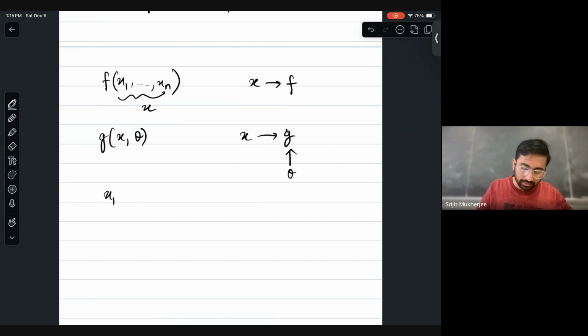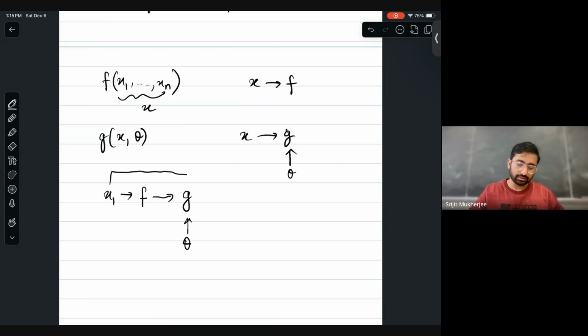So let's say x1, then f, this has theta 1, let's say, or let's say it has no theta. And then another g, but this has theta. But it's not only theta, there is also addition here. People are adding here, like this.